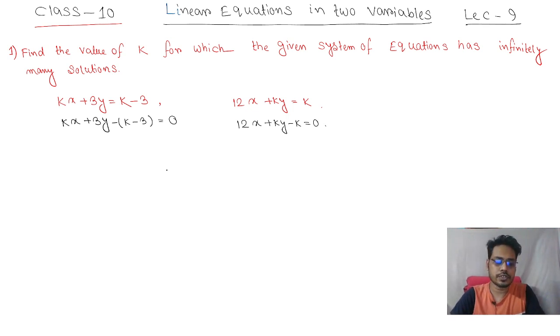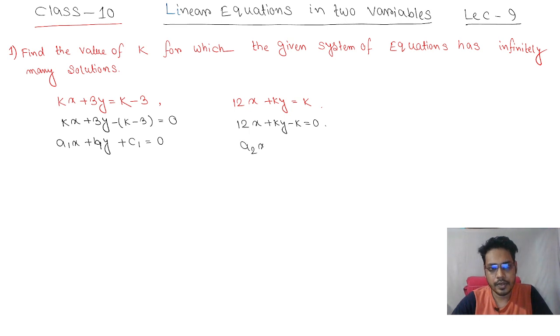Now this solution we have already written in this form: a1x plus b1y plus c1 is equal to 0, and a2x plus b2y plus c2 is equal to 0.